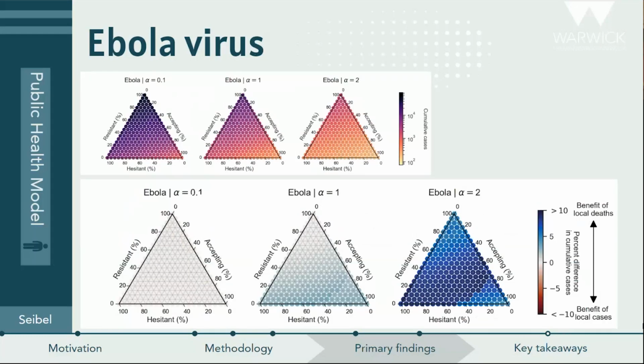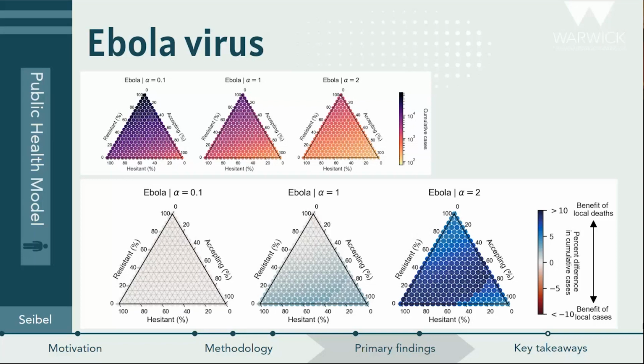Now this bottom plot looks at the difference between local cases and local deaths. If you look at local cases versus local deaths, what is the difference that we get? This dark blue region indicates that we have a benefit of local deaths in that situation.